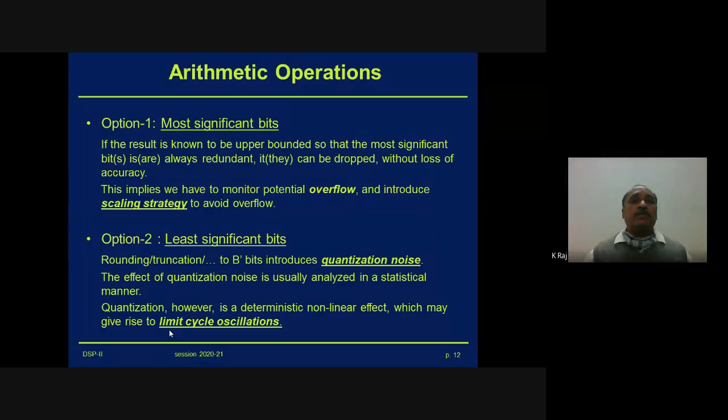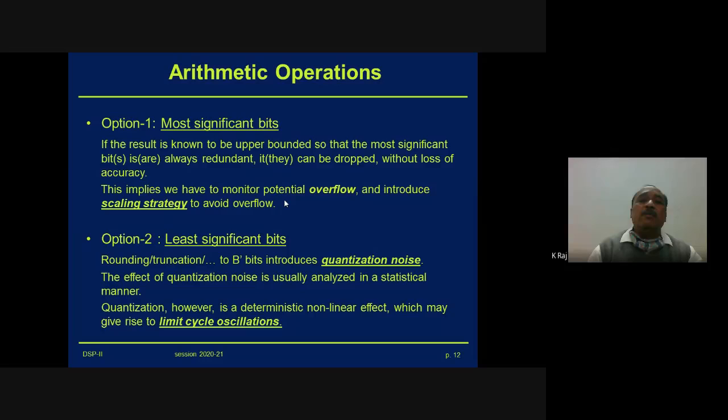This is the first option, and in this one, if the result is known to be upper bounded, the most significant bits can be dropped without any loss of accuracy. This implies we have to monitor potential overflow and introduce a scaling strategy.